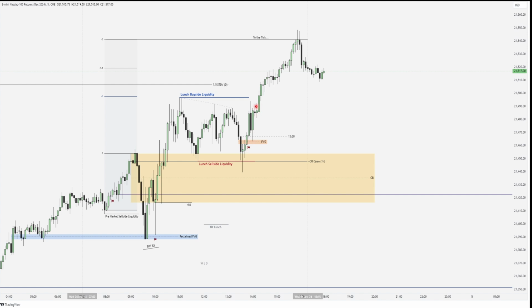The market then expanded higher, came back down into this inversion fair value gap. Usually the last fair value gap prior to the turn is a high probability inversion fair value gap in terms of market maker models.